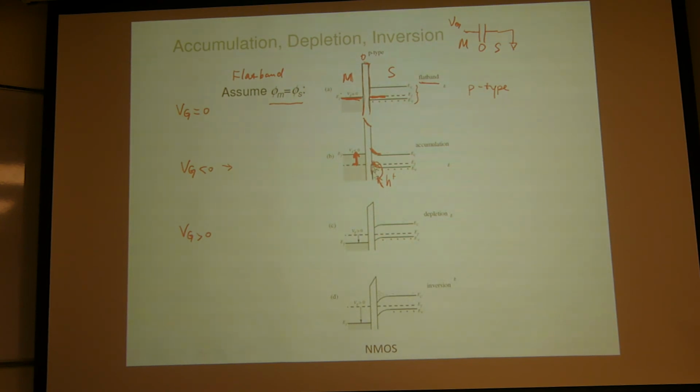That means these holes will accumulate to the surface. This is true because you apply negative voltage. That means you have much negative charge on the metal. Then you need more holes to balance this charge.